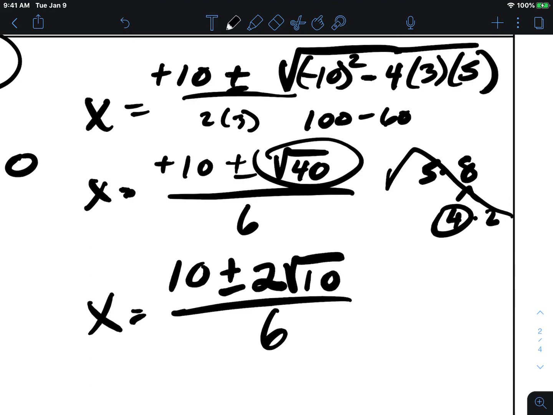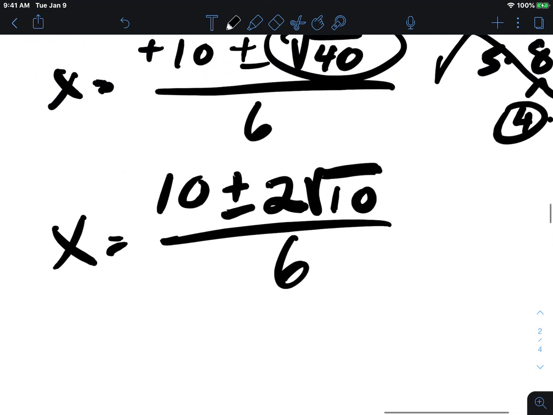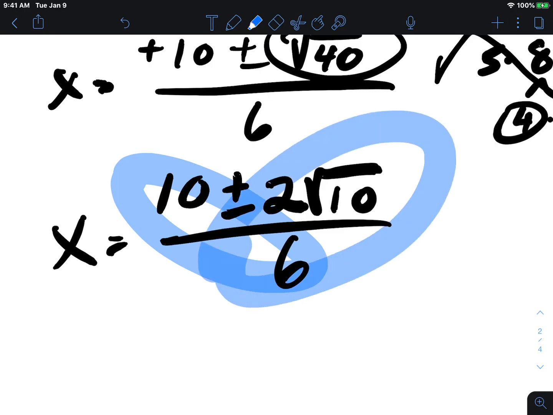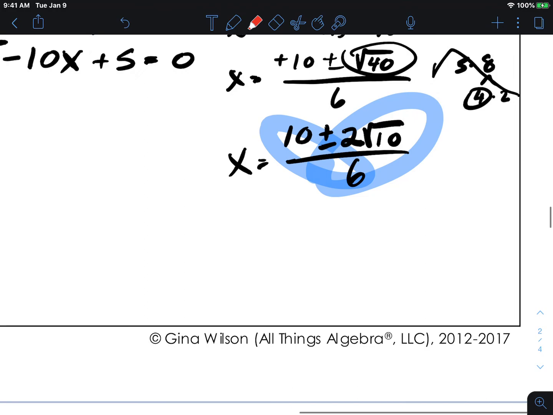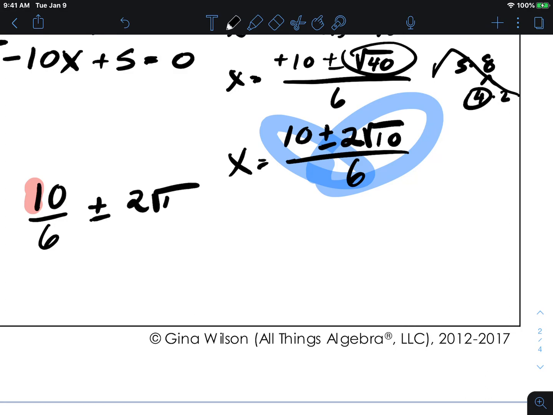Final answer? No. Why? Well, you can still simplify things. How? Split the fraction again into 2 separate fractions and see if we can simplify anything there. So I'm going to have my 10 divided by 6 plus or minus 2 radical 10 over 6.